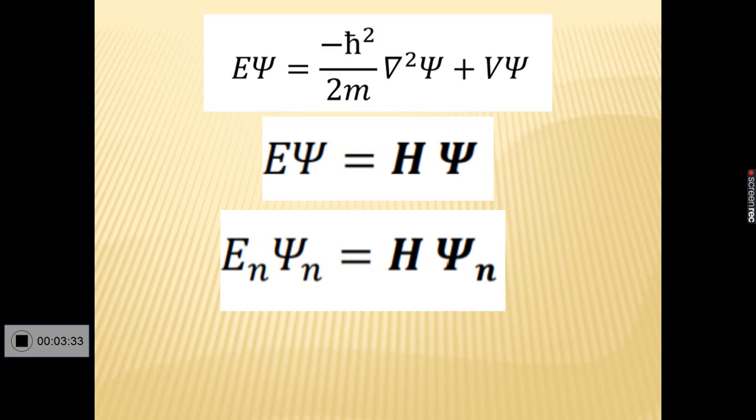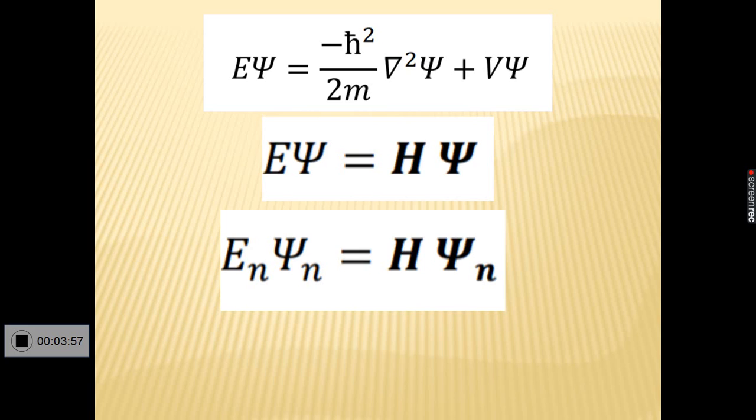When it operates on the wave function of the third orbital, 3s or 3p, we get the energy of the third orbit, E3, and so on.